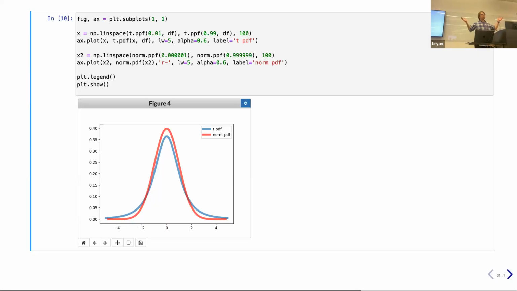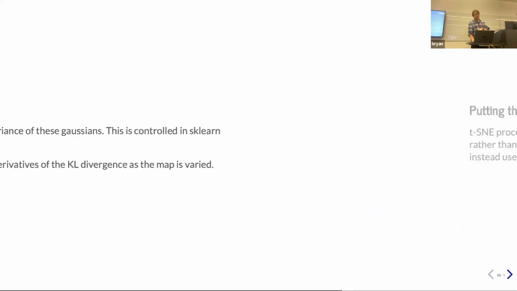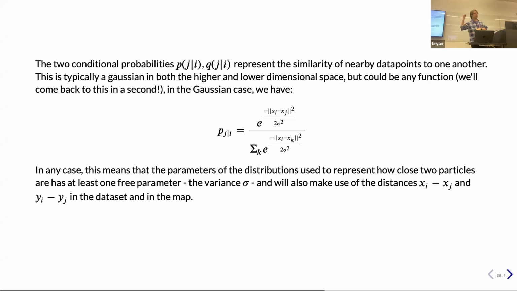Okay, so let's come back together. Does anyone have any thoughts as to why you might prefer to use a T distribution instead of a Gaussian for our probability distributions of the similarity between data points?